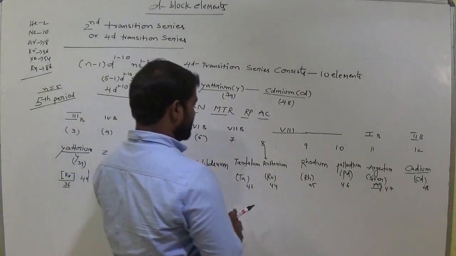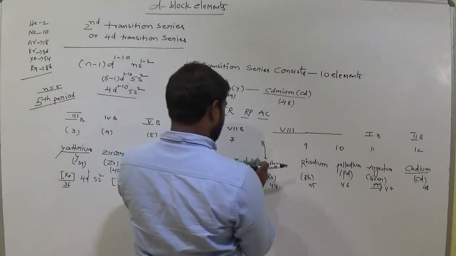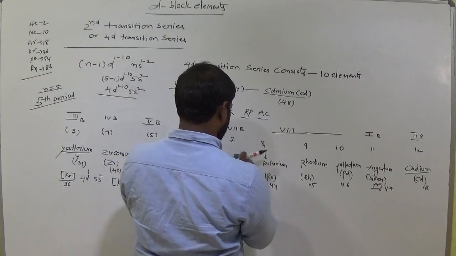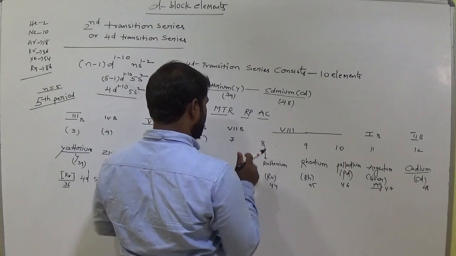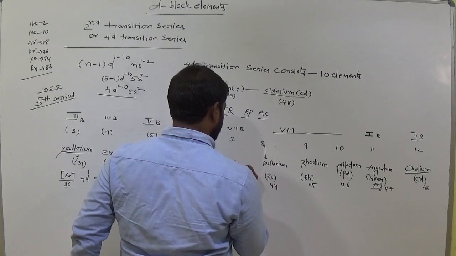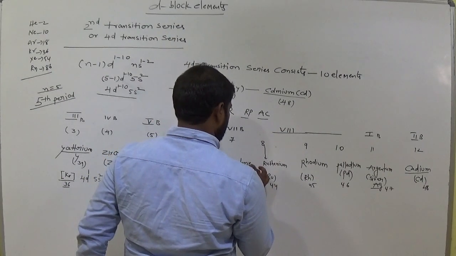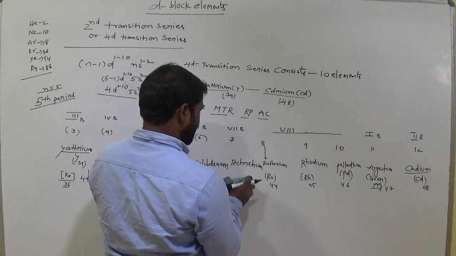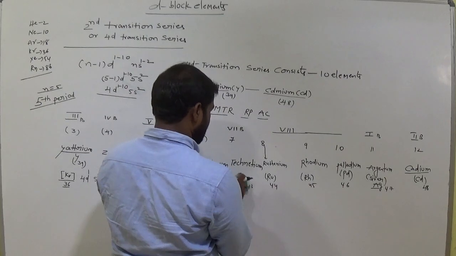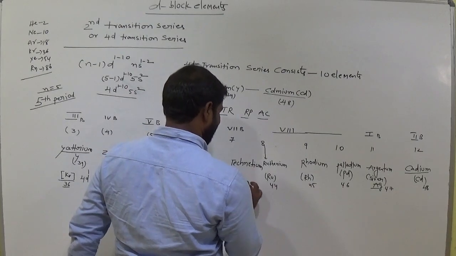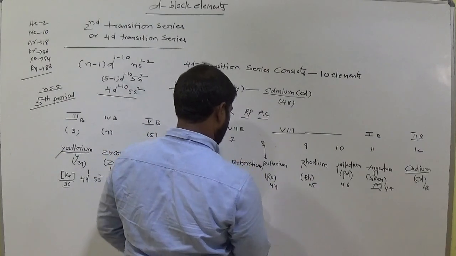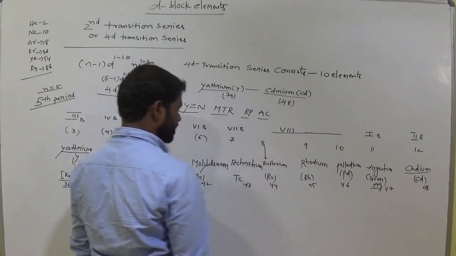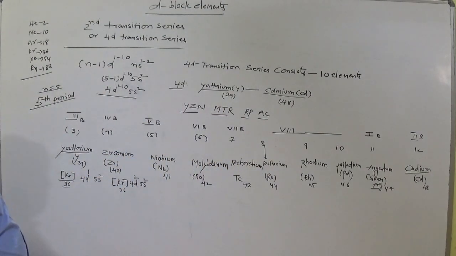This is technetium, Tc, not tantalum, which is 5d. Technetium, write it as Tc here. Small correction we did. Tc 43. Okay, technetium, ruthenium.